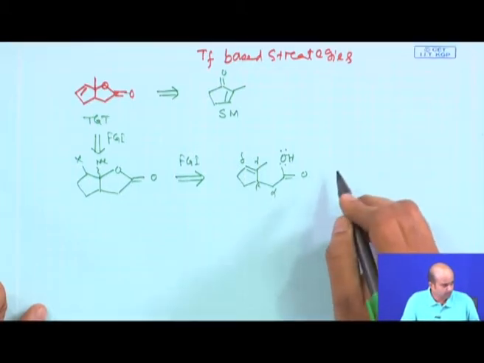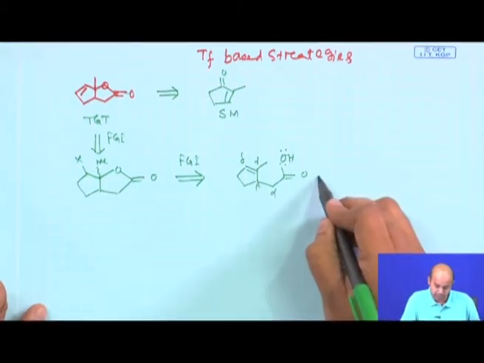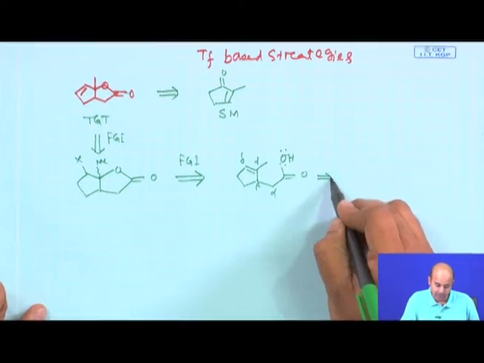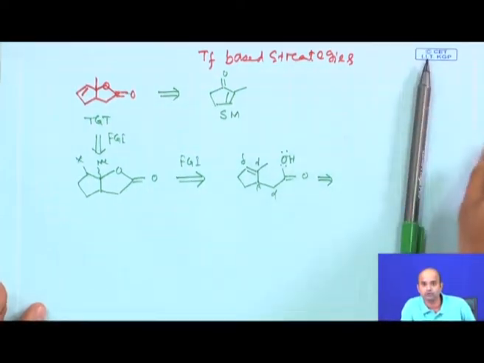We already know that gamma, delta unsaturated carbonyl compounds can be prepared by Johnson orthoester Claisen rearrangement. So, the information you were told earlier, you can use right now.